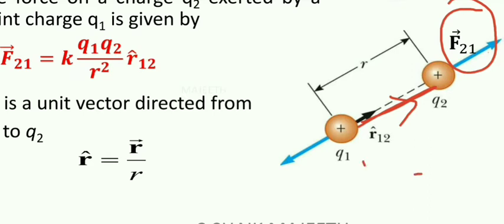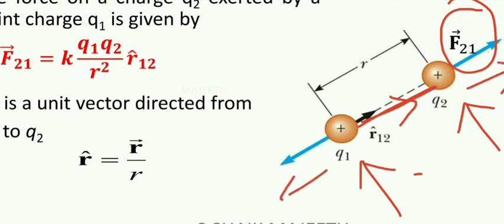Here we know that Q1 is a positive charge, Q2 is also a positive charge. When charges have the same polarity, they will repel. Same charges repel each other. So Q1 repels Q2, that's why it is pushed. So this is a push to this side. Similarly, Q2 pushes Q1 to this side. It is not an attractive force. So r12 is lying along this direction.